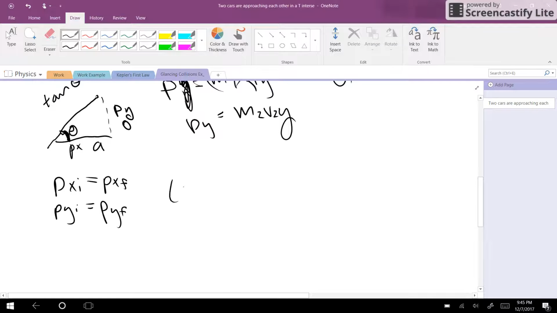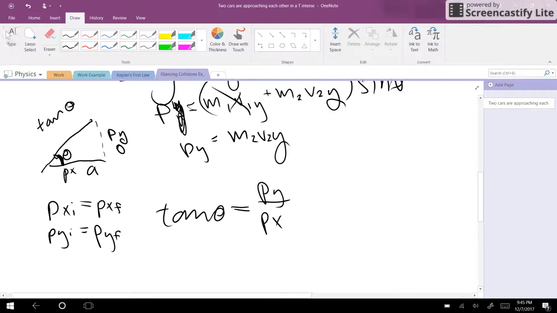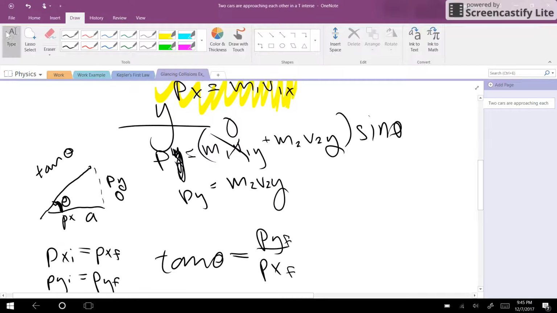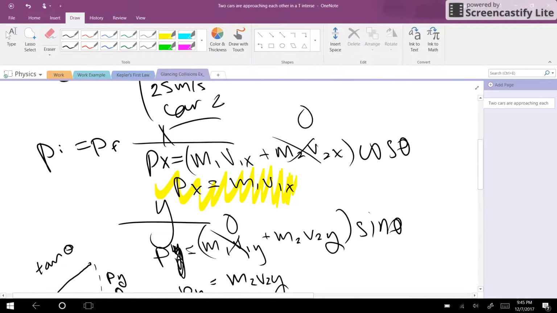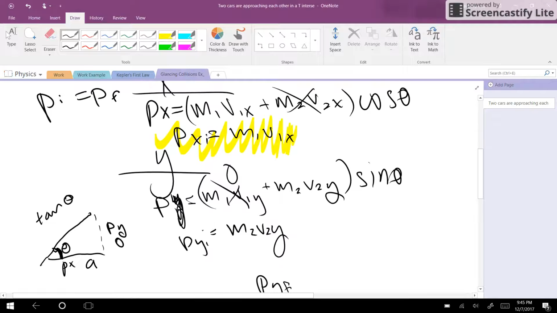So the tangent of the angle is going to be pyf over pxf. And we know from our equations that pxi equals pxf and pyi equals pyf, and we know what pxi and pyi are.